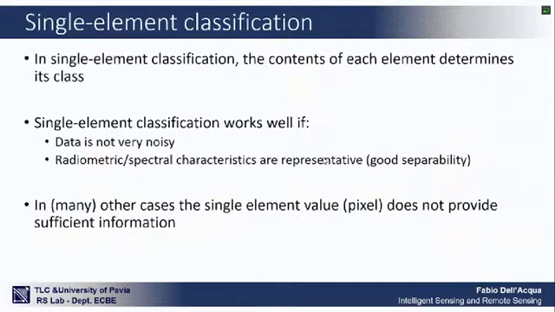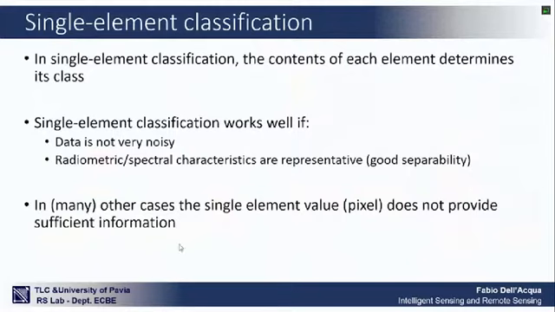This works well if the individual element contains enough information for you to confidently classify it. So for example, if you're doing a simple task like separating vegetation from bare soil or vegetation from urban, then the spectral responses are different.